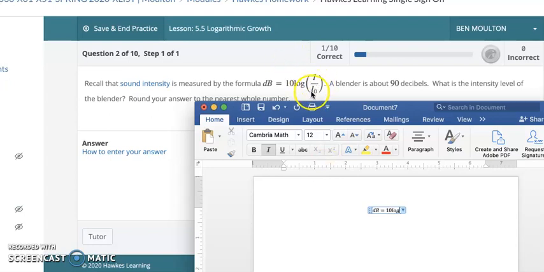The I naught here is your initial intensity. A lot of times they just assume that to be a 1, which is what I'm going to do. I'm just going to call that a 1 and ignore it. This guy though is your decibels that we're talking about, so 90.